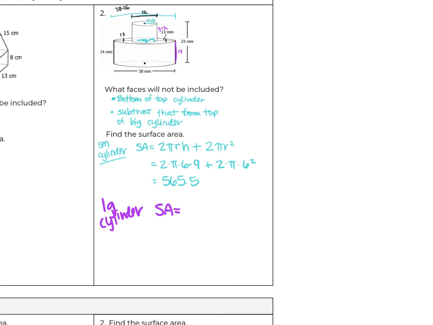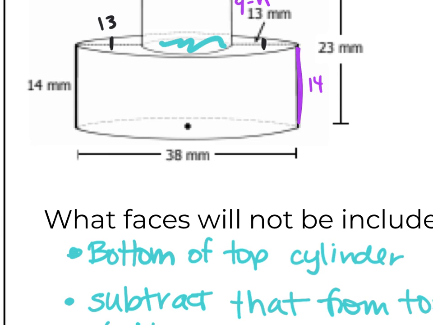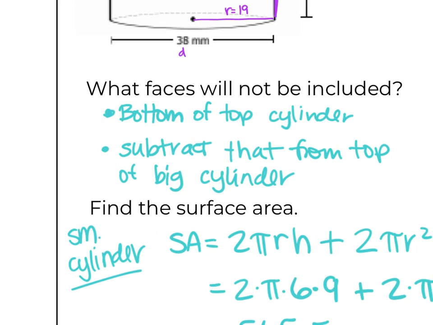Okay, surface area equals 2 pi. Now, what is the 38 of that circle? Diameter. So what would I do to get the radius? Divide by 2. So it's half of 38. Yes. So the radius is 19.